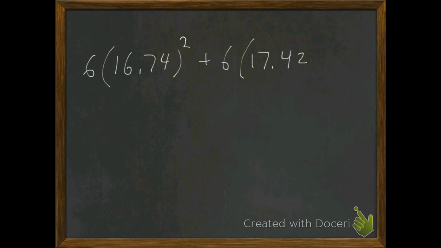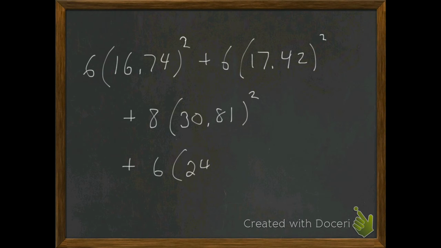Alright, gang, so we're going to have 6 times 16.74 squared plus 6 times 17.42 squared plus 8 times 30.81 squared plus 6 times 24.95 squared.